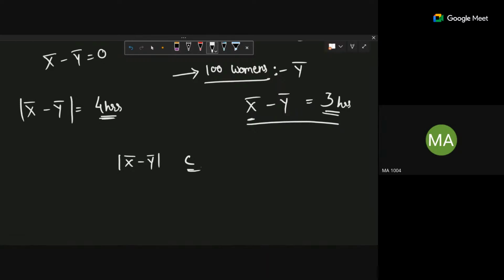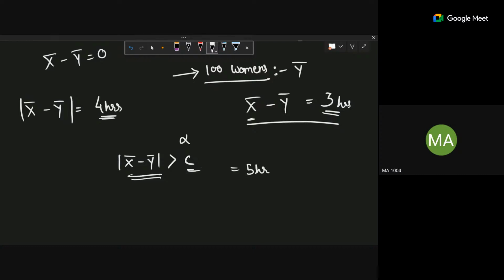So if this difference exceeds some limit c, this 3, 4, or any number, right? When we check it with some particular confidence, this critical value may change. So at the fixed significance level, the c value will have some value, let's say 5 hours.